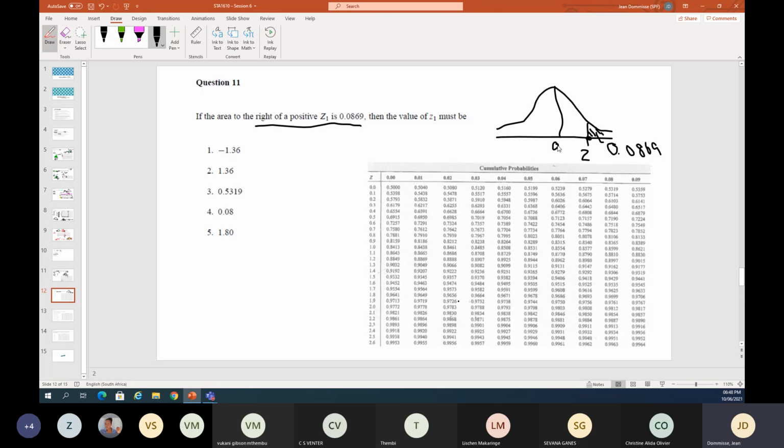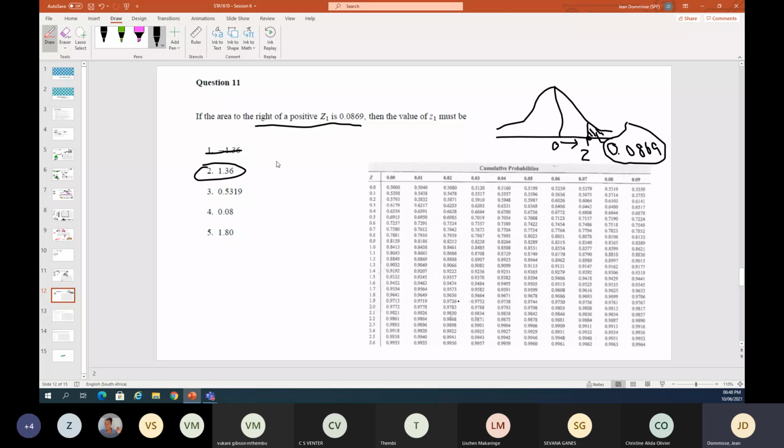So we know the Z value needs to be bigger than 0 because it's lying somewhere there. So it's not negative. So I nearly want to say it is going to be that answer, just because they've given me the negative option as well. But let's also work it out. So you can use the negative table, look at that value in the negative table.